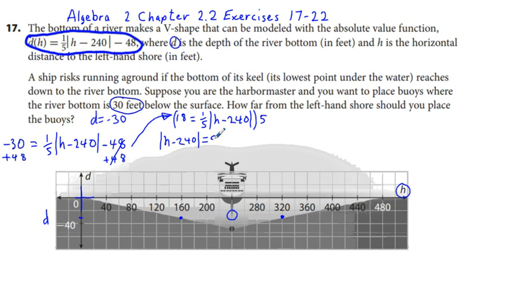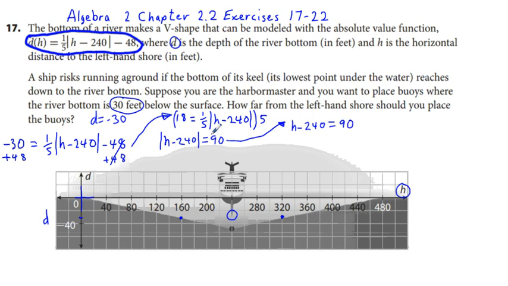Now you realize I switched the sides of the equation. And so now we can set up two equations from what we have here. I'm going to write what they are. One of them is going to be H minus 240 equals 90.